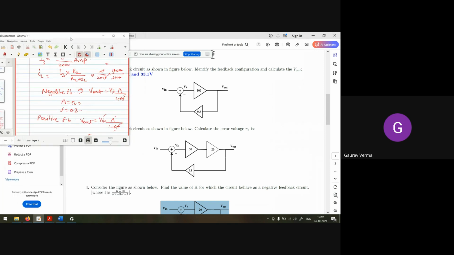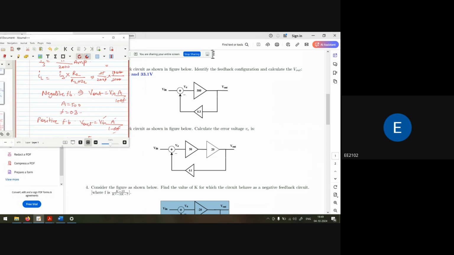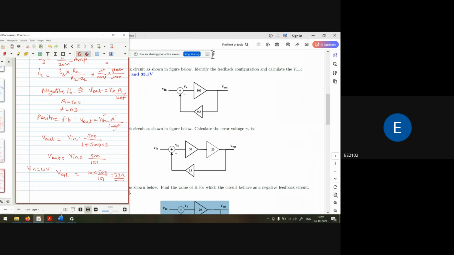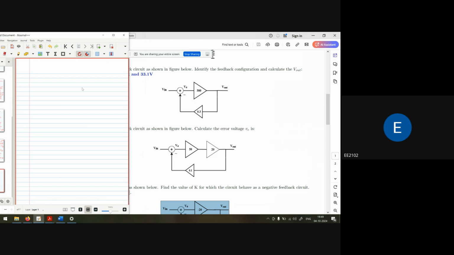And how about question number 3? It is also the same. What is the error value? First of all, we have calculated V out. What is the V out value? This is also negative feedback, so V out is V in times A divided by 1 plus AF.